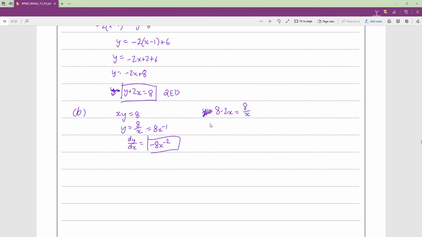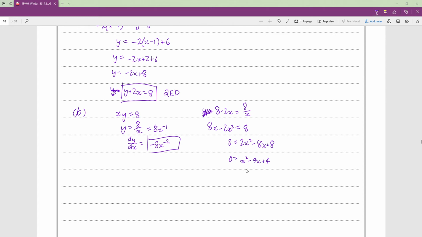We multiply everything by x to get 8x minus 2x squared equals 8. We add everything to one side. 0 is 2x squared minus 8x plus 8, or x squared minus 4x plus 4.